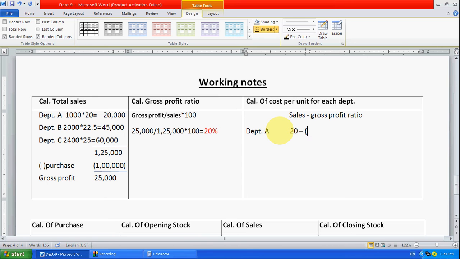Sales is 20, and the gross profit ratio is 20%. This percentage applies on the same amount, so this 20 has already included gross profit.